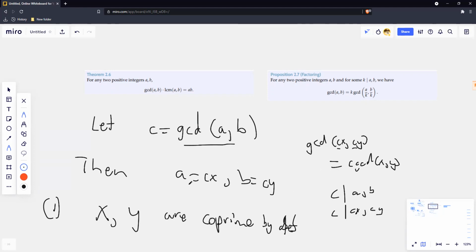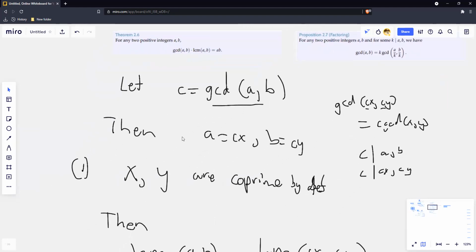So we can write A is equal to CX and B is equal to CY because this is the GCD, right? And for the GCD, we all know that GCD A comma B must be a factor of A and must be a factor of B. That's basically what the GCD says, greatest common divisor, right? So then A is equal to CX, B is equal to CY.